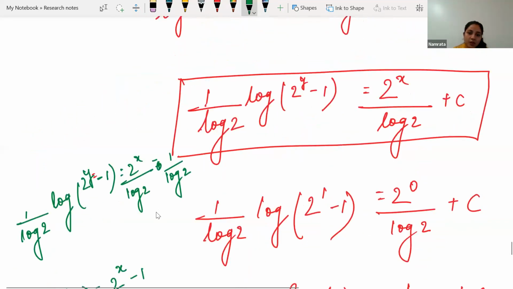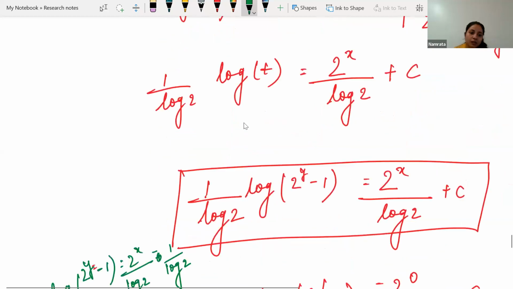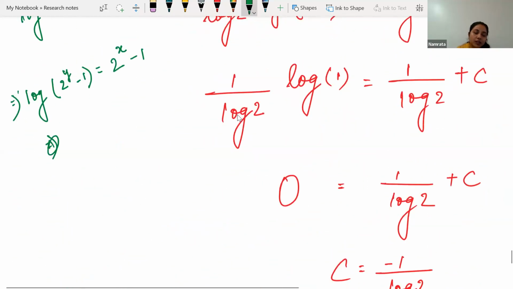It is given that y of 1 we have to calculate. That means when x equals 1, what is y? That's what we have to find here.